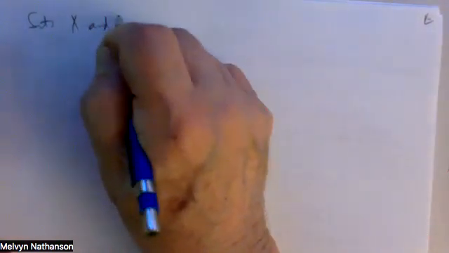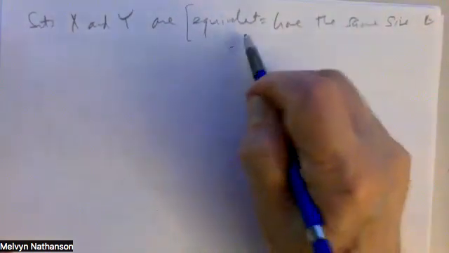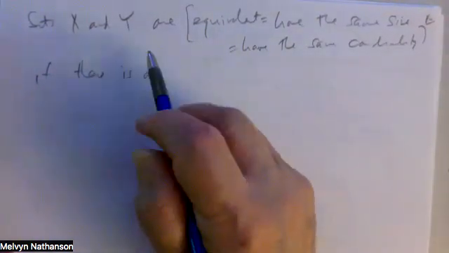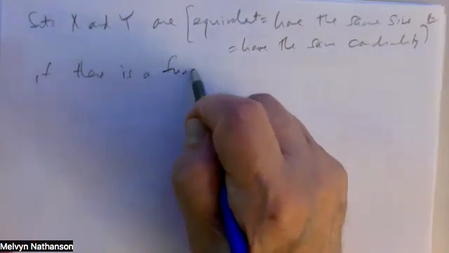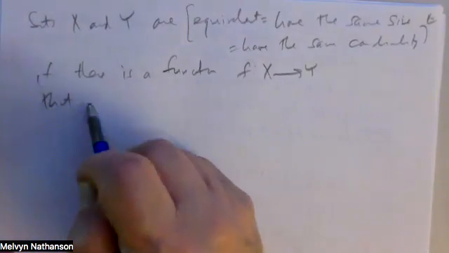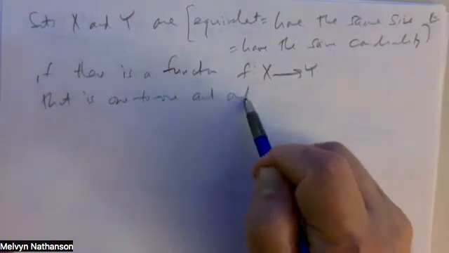Sets X and Y are equivalent, or have the same size, or have the same cardinality, if there is a function f from X to Y that is one-to-one and onto.